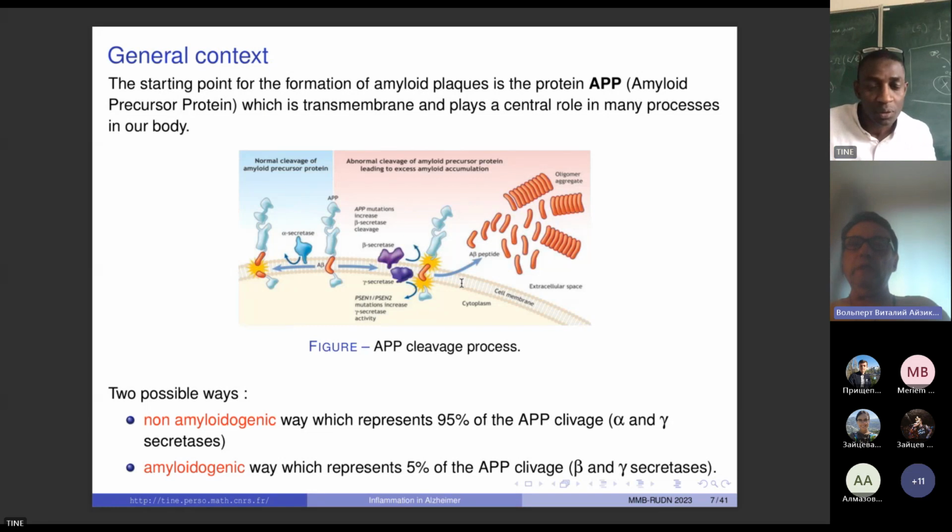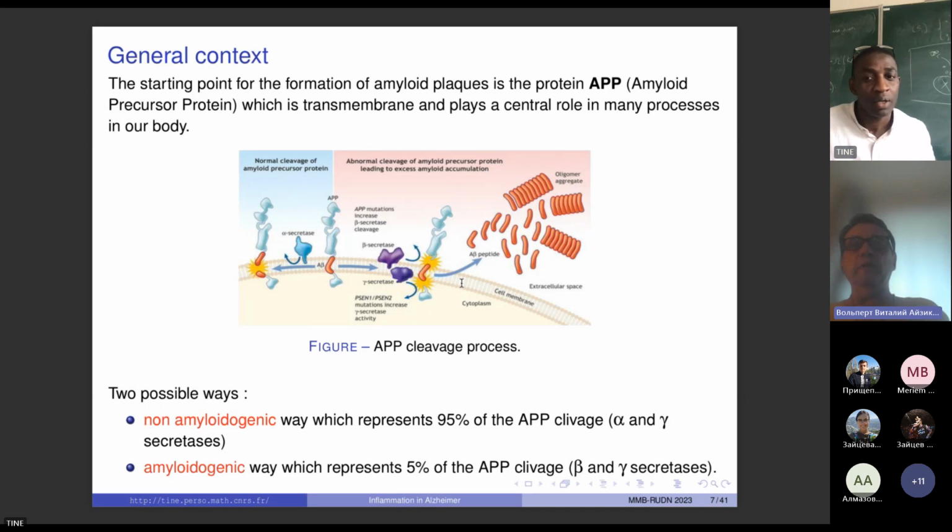When you say that there are 95% of cases of normal cleavage and 5% of abnormal cleavage, do you mean all people, even healthy people, who can have this abnormal cleavage? Or does this concern people who already have Alzheimer's disease?